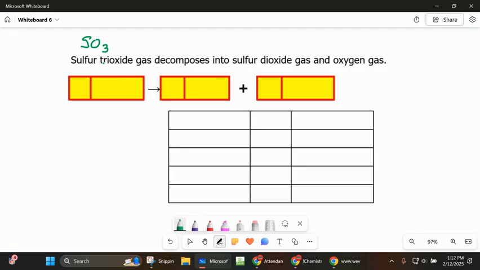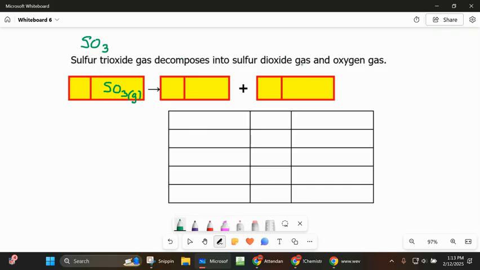No, this is a binary covalent compound. There are no charges here, no minuses, no pluses. You have two nonmetals together. You are writing it down entirely based on the name that you are given, and sulfur trioxide is SO3. Now, what state of matter is it? So let's put a G after it. Okay? As much information as you can get, we're going to add it to our balanced equation.